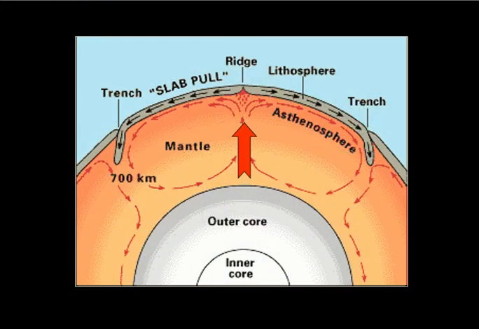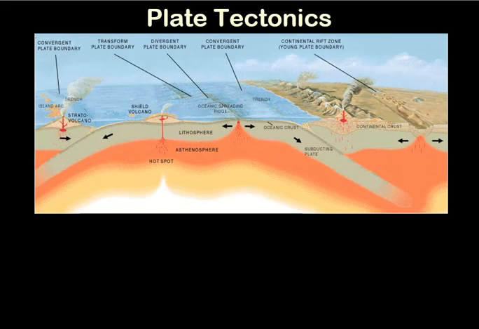The way this works is that upwelling of mantle separates the crust, which then goes off in different directions and eventually goes down into the trenches and is melted and reused again, sort of like recycling.